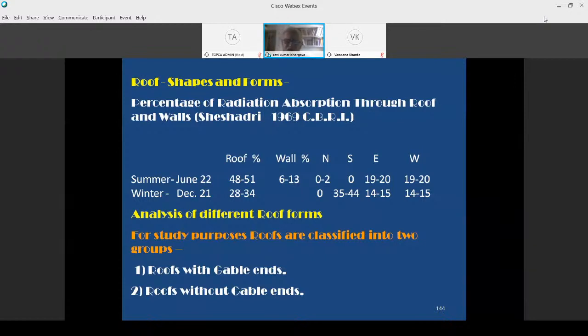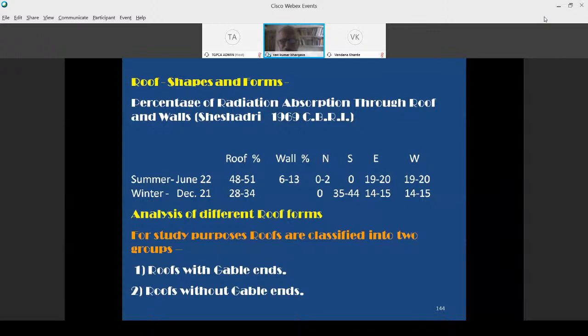This happens also when you do not have a flat roof. Why? Because a flat roof provides you the scope for vertical expansion. Suppose you want to add one more floor, two more floors. It is possible only when you have a flat roof.